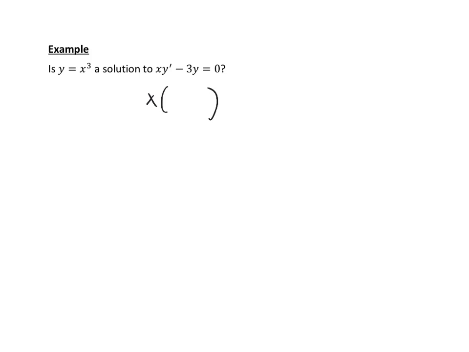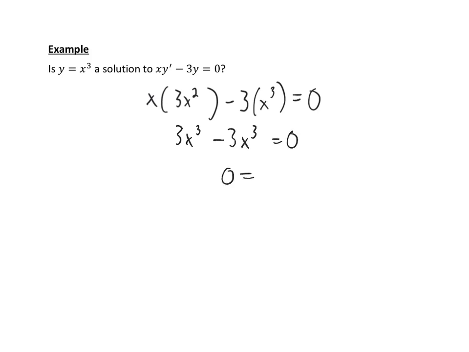The derivative of x cubed is 3x squared, minus 3 times y, which is x cubed, should equal 0. So that's 3x cubed minus 3x cubed, and we get 0 equals 0. So again, this 3x squared, just so we're clear, that's my y prime.